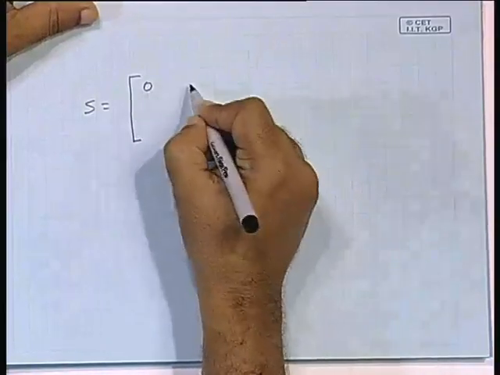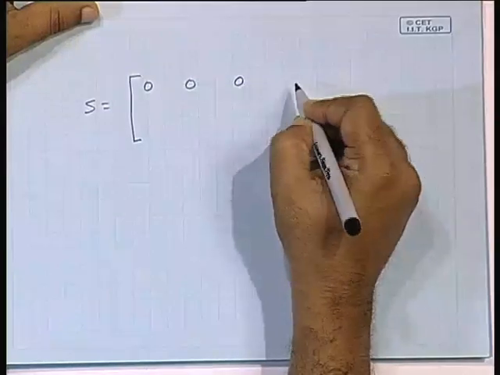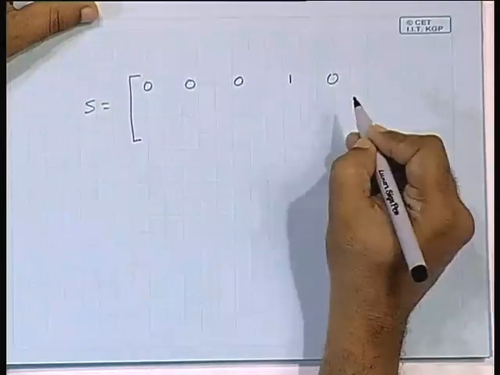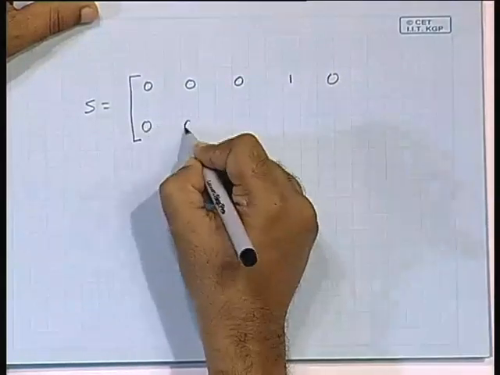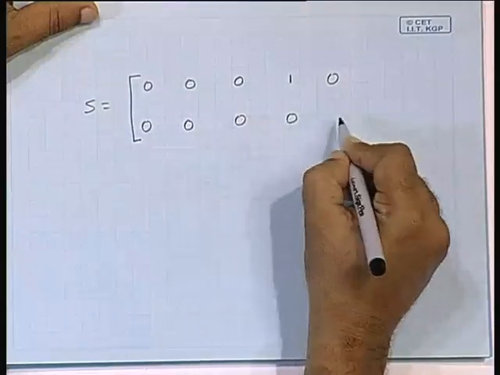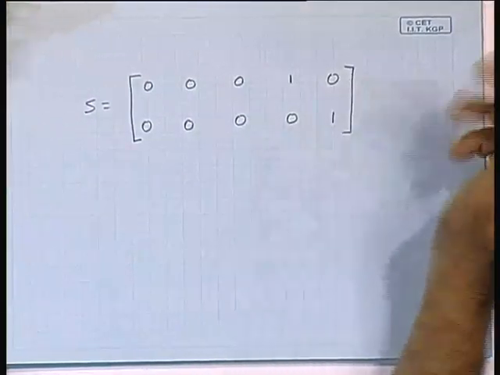S is a collection of zeros and ones arranged in such a way that this, when multiplied with Y, will extract the direct use of energies. So what should be S? It is 0, 0, 0, 1, 0 and 0, 0, 0, 0, 1. Okay.